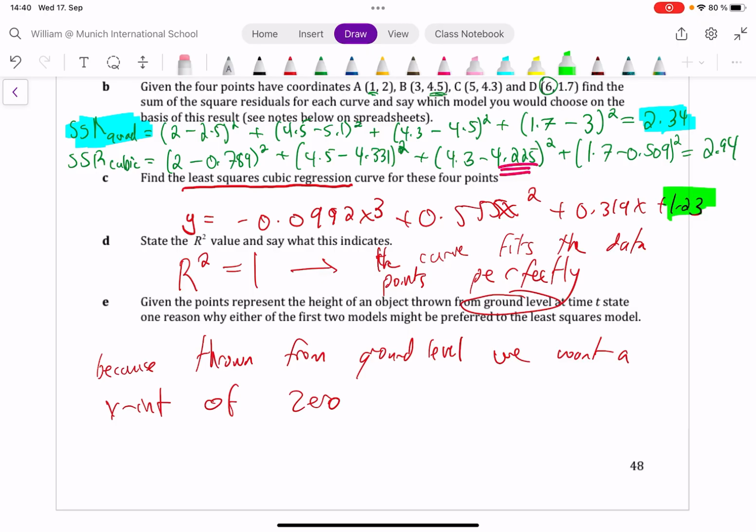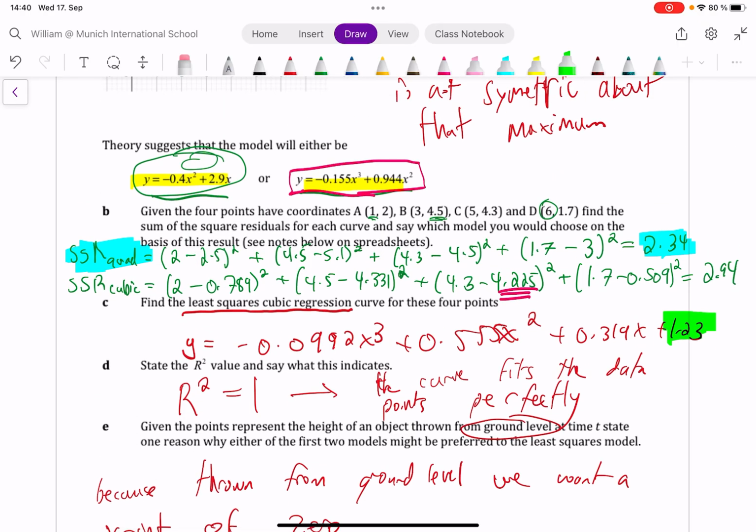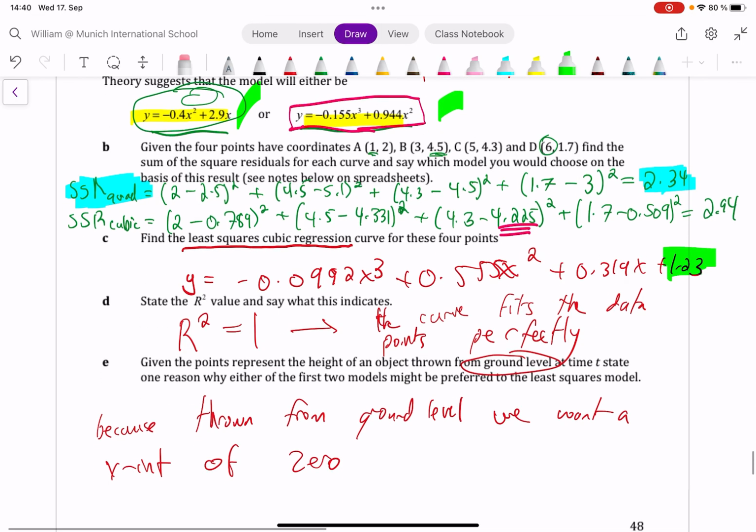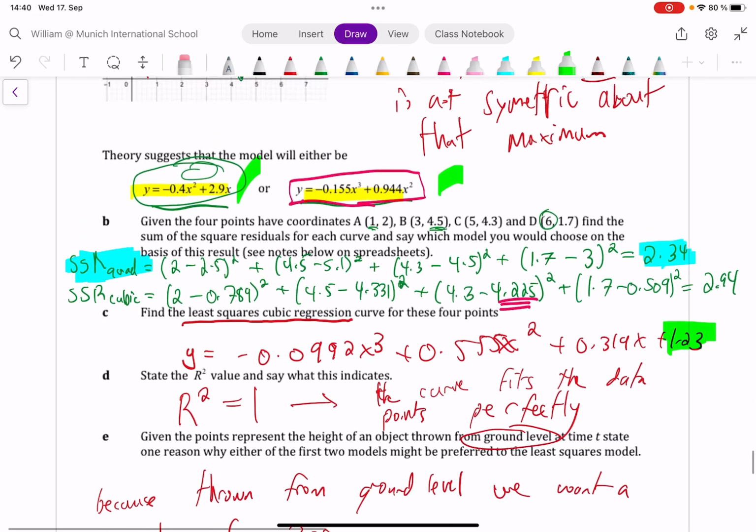It says it starts at 1.23. Whereas these other 2 up here, this one and this one, have y-intercepts of 0. And so then it would maybe make sense to choose from one of those 2.